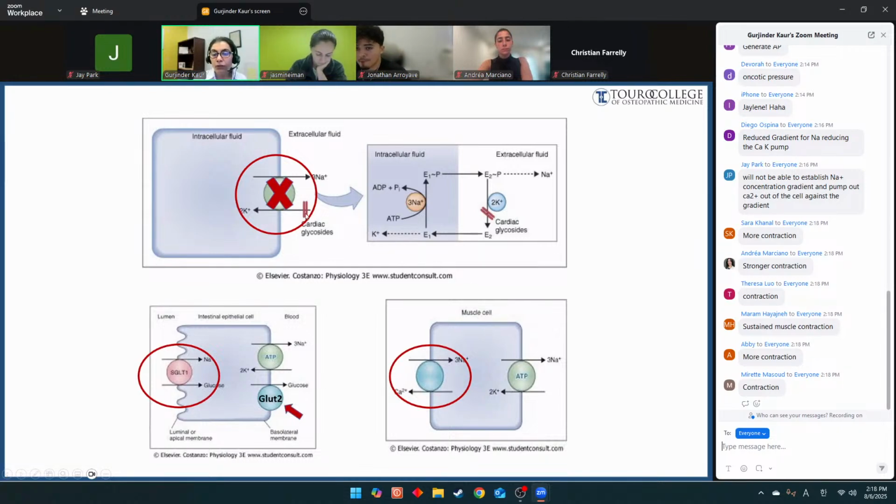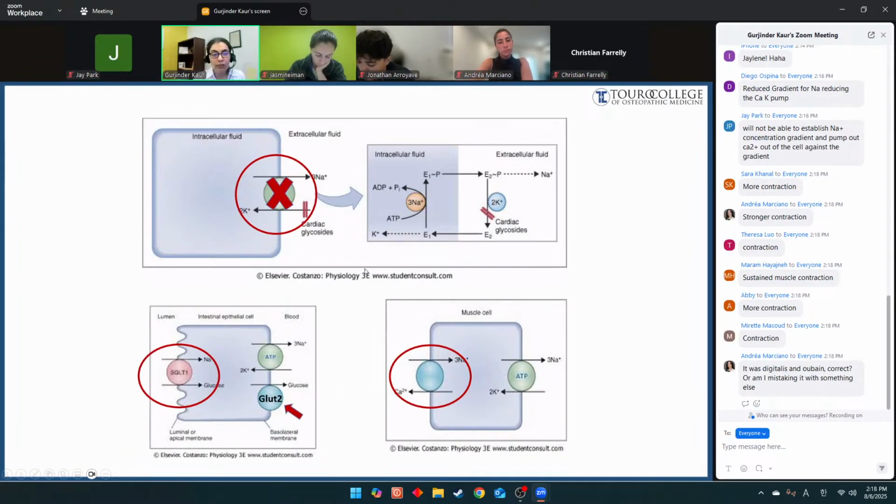But if you're blocking the pump, it's going to block the pump everywhere, so other activities will be impacted. So this is no longer the drug of choice, but it's a good example to learn about primary and secondary active transport, so I always bring it in. Yes, you are correct, Andrea.